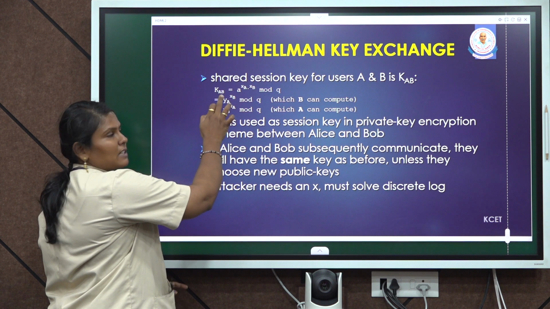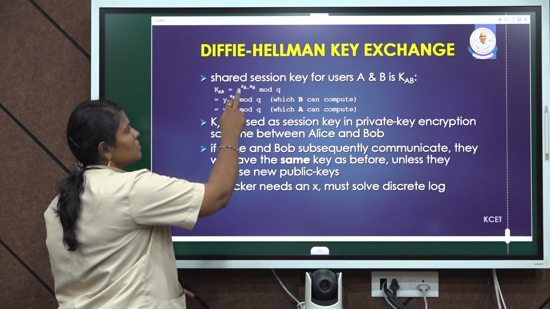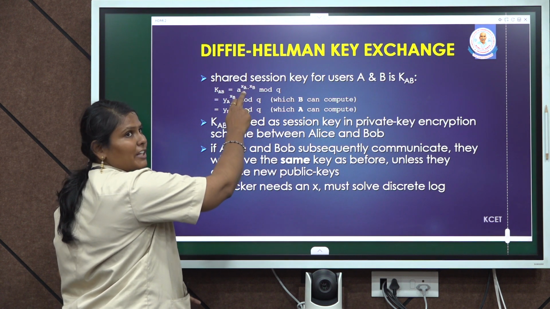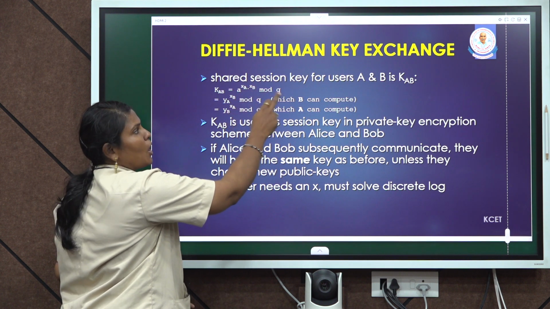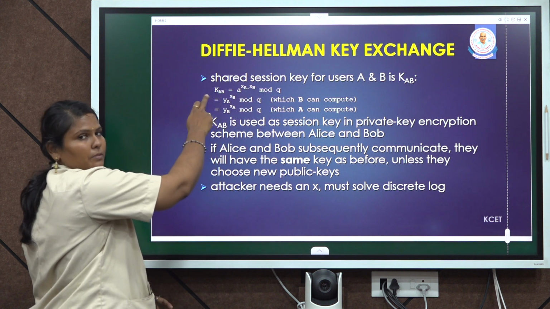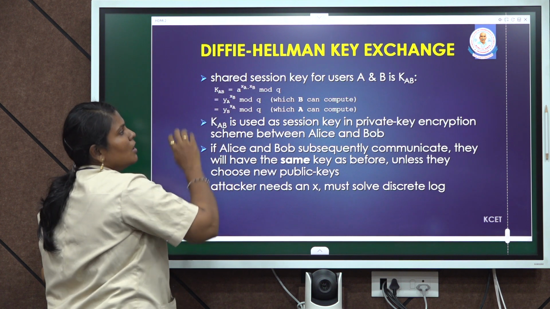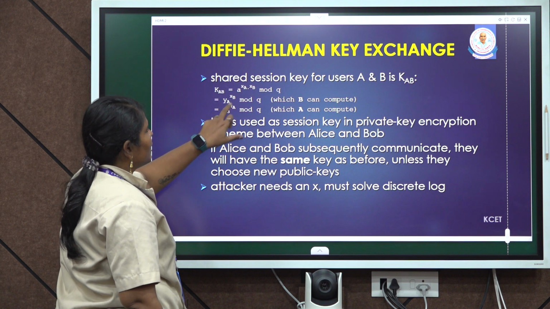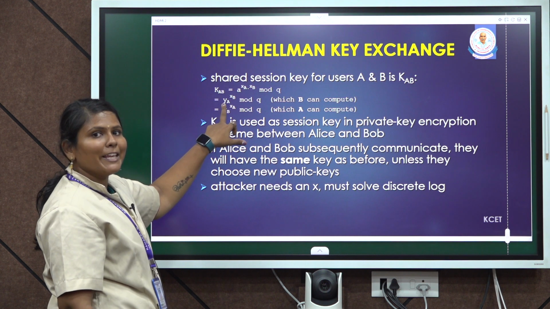This KAB is the secret key shared between the sender A and the receiver B. A is the primitive root, XA is the private key of sender A, and XB is the private key of receiver B, mod Q. By computing this we get the secret key KAB. Instead we can also calculate it like this: we already know the public key of sender A.